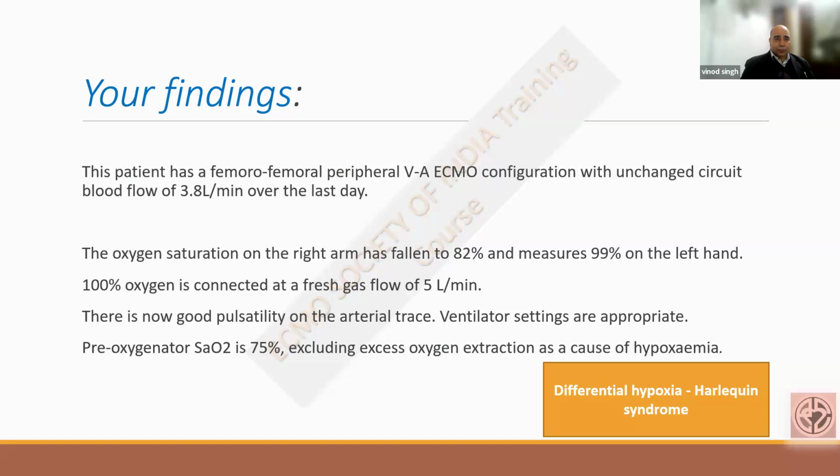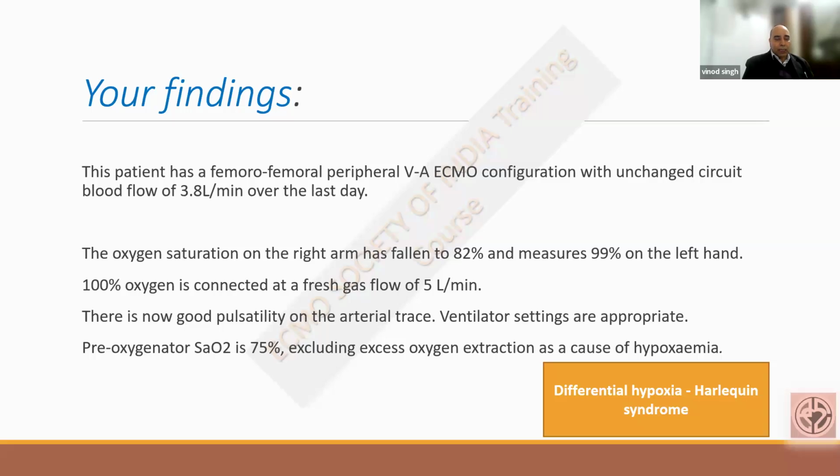If you look at your findings, this patient has a femoral VA ECMO configuration, the circuit is unchanged, and blood flow is 3.8 liters. The oxygen saturation in the right arm has fallen to 82%, and measured 99% in the left arm. We know that we rely on the right arm saturation finger.